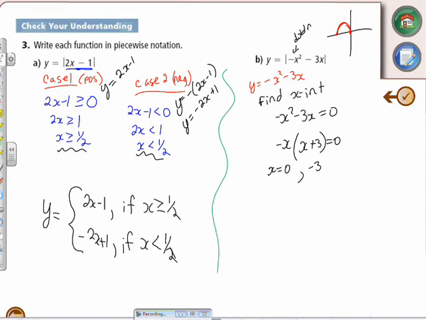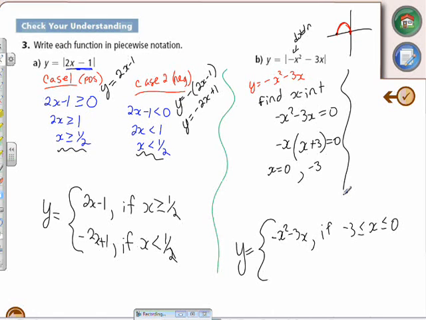In other words, we will have y equals, open brace, the positive, exactly as it is, negative x squared minus 3x. That's going to occur if x is between these two values: negative 3 less than or equal to x, less than or equal to 0.